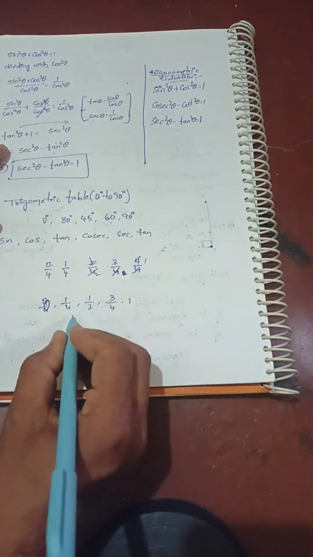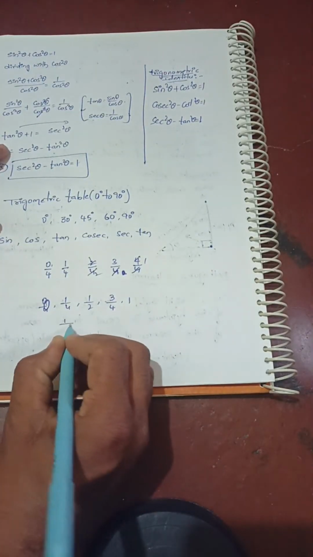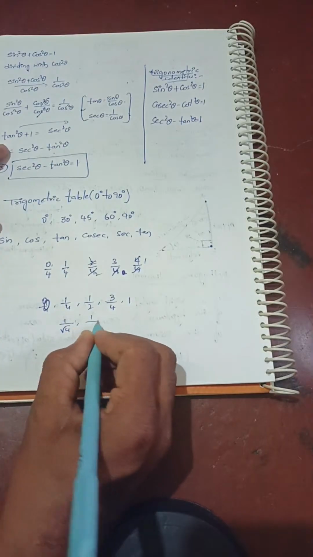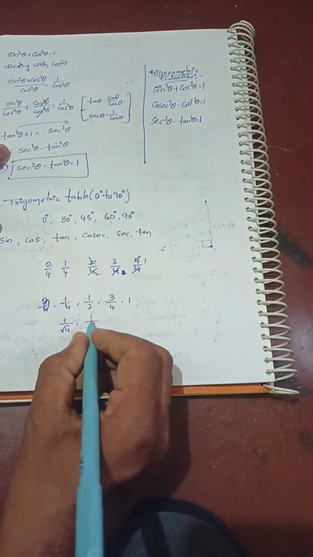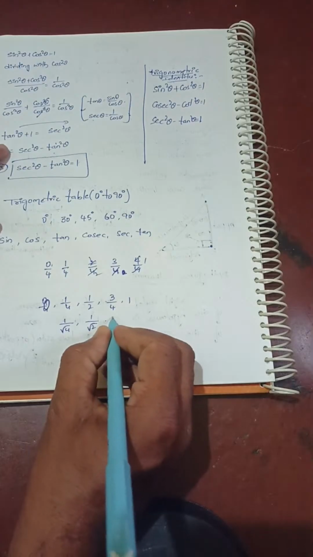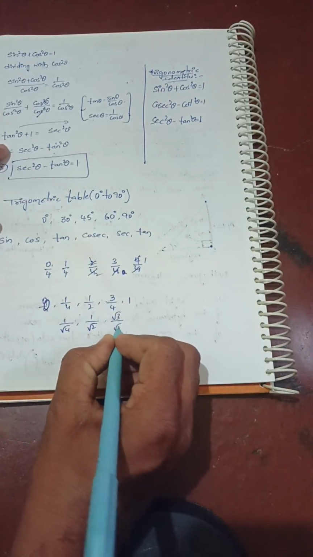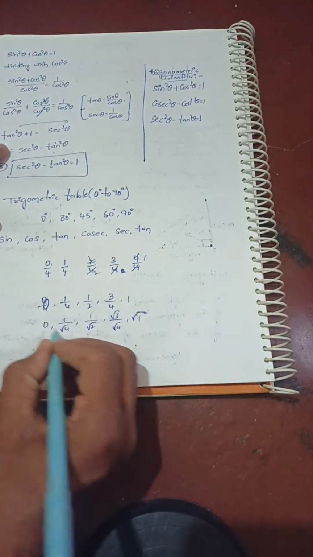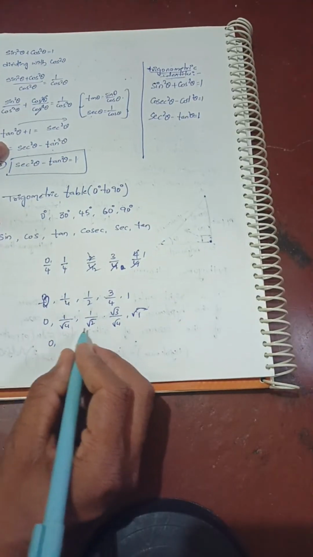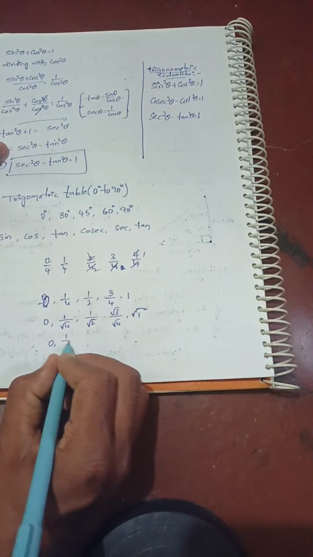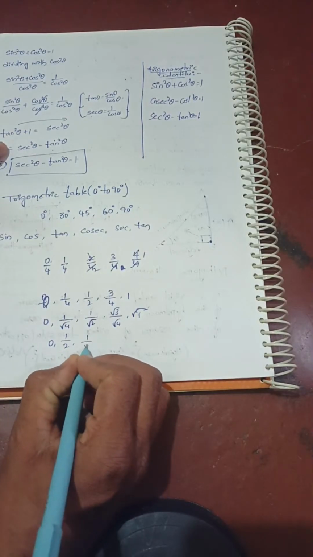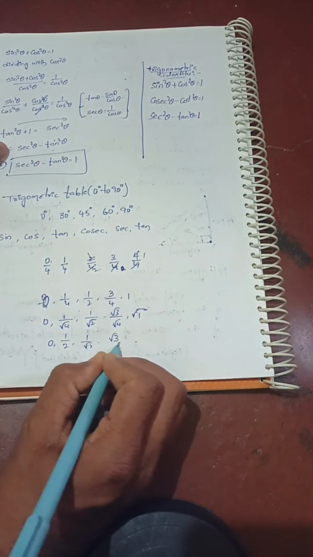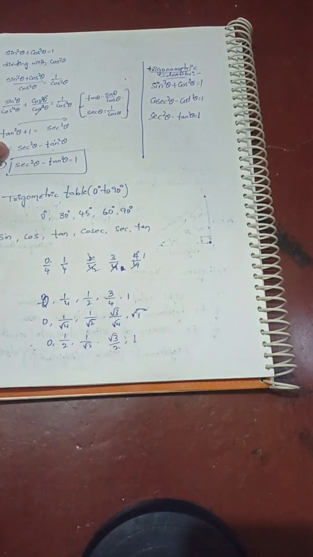For these I am keeping the roots. If I keep root, 0, 1 by root 4 which is 1 by 2, root 2 by root 4 which is 1 by root 2, root 3 by root 4, and root 4 by root 4 which is 1.